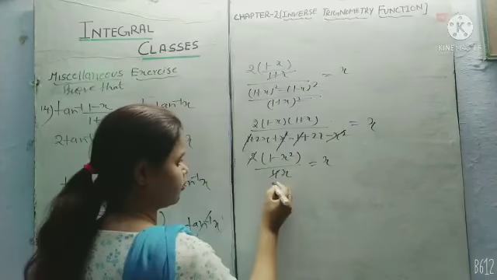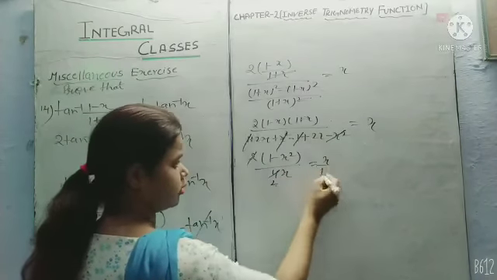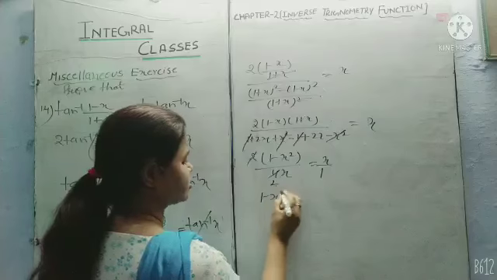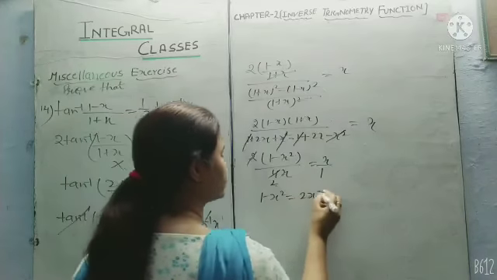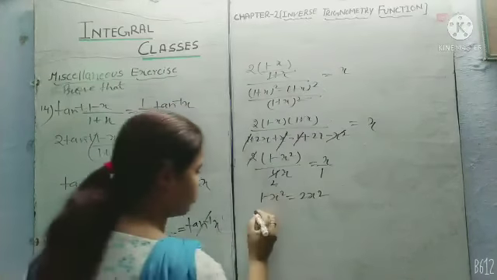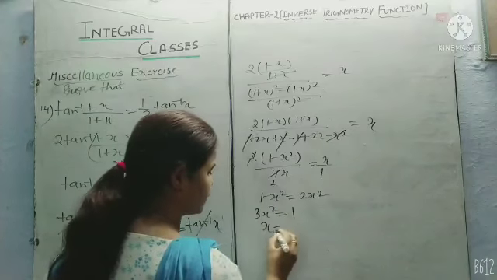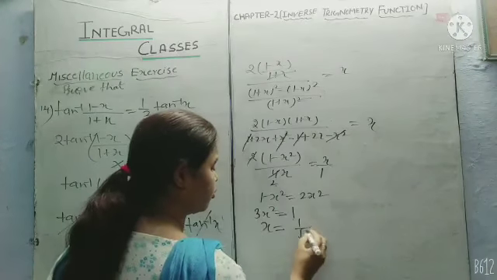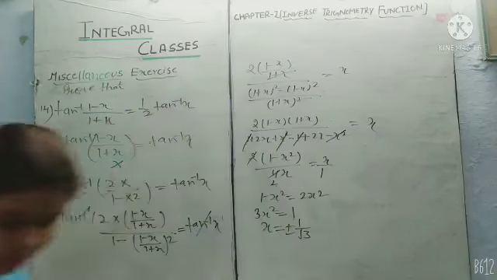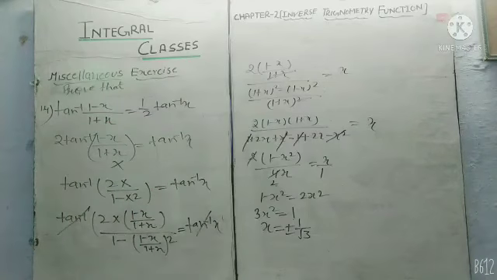Okay, now 2 is cancelled and transposing to the other side, 1 minus x square equals 2x square. Therefore 3x square equals 1, then x is equal to plus minus 1 upon root 3. So this is the value of x.